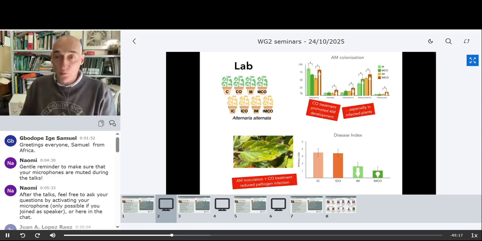So the next question was then, why are these plants less affected by the pathogen in the presence of an intense or powered up mycorrhizal colonization when we use the COs as well?